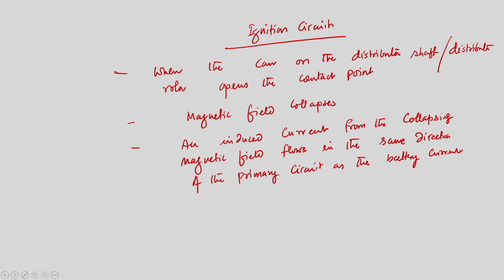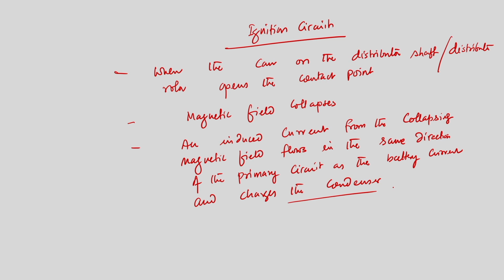So, the battery current is flowing through the primary circuit in a direction, and the induced current also will try to flow in the same direction, and charges the condenser, which acts like a reservoir.